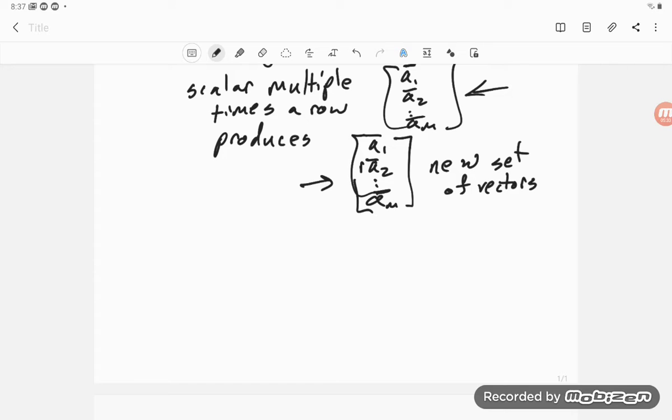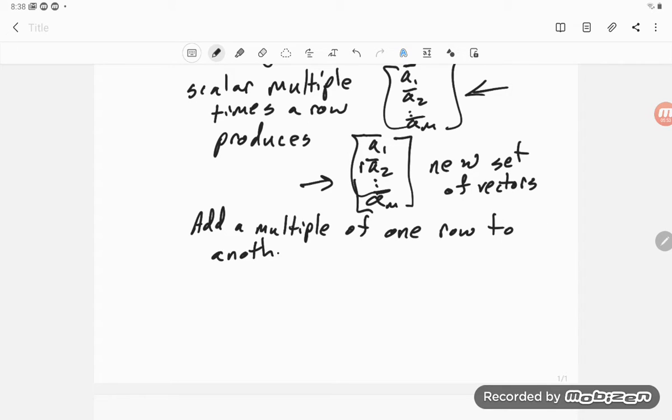And similarly, if I add a multiple of one row to another, that is also a linear combination that I can undo with another linear combination.